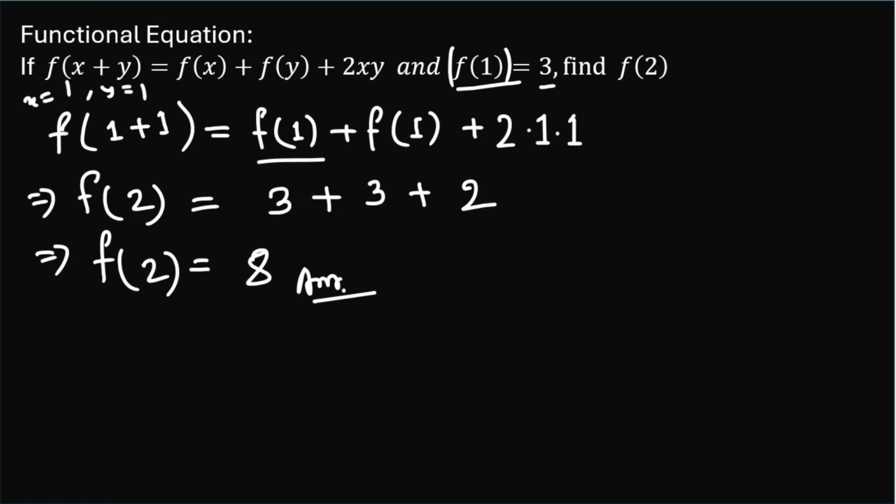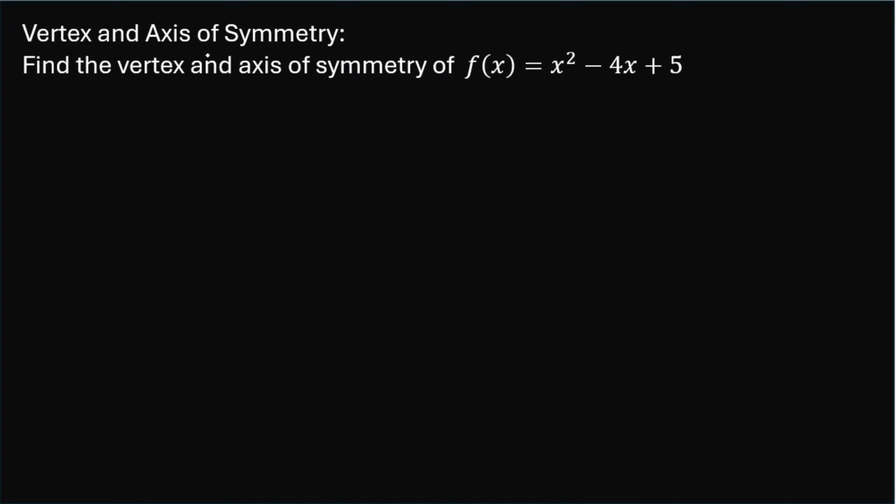Now this is the third problem, vertex and axis of symmetry. Find the vertex and axis of symmetry of f of x equals x squared minus 4x plus 5. We need to find the vertex.